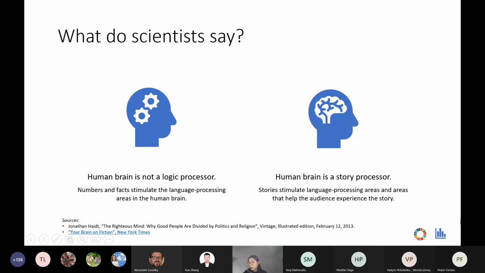For example, if we hear the word coffee or perfume, the areas of our brains related to the sense of smell will also light up. So all in all, our brain is more stimulated by stories. Data, facts, and logic are not the natural favorites of our brain. So if we want to communicate the results of the data to an audience, and ensure the data stay with them, we had better communicate the data via stories.